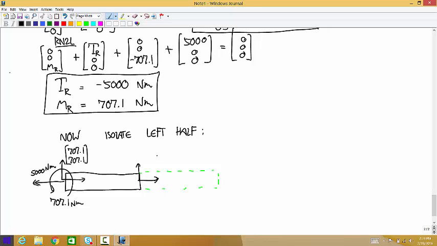Let's see, I'll call that F. And a couple, internal couple. I'll call all of these sub I, so for internal. So internal force, internal couple, and then an internal couple about the x-axis, TI.